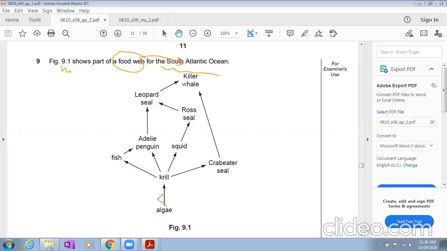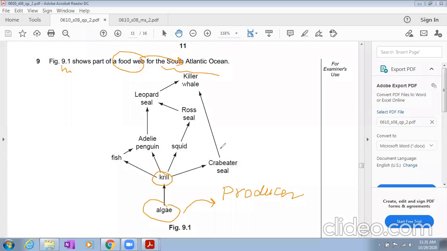The first one we have is algae. It means this food web starts from algae. Here algae are the producer, while krill is the primary consumer, a herbivore.